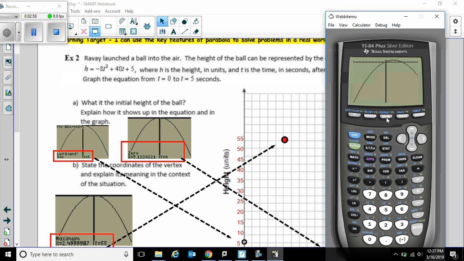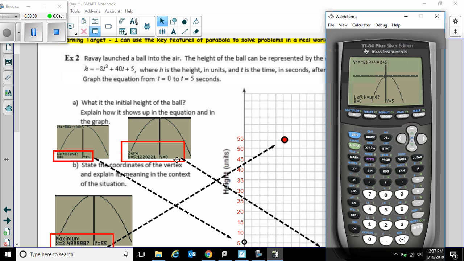But I want to hit zoom out just because I want to see where it comes back to the ground. Okay, so we've done second trace 5 forever to get intersections. Now I want to do something called second trace 0. And I think it's going to come back to the ground.